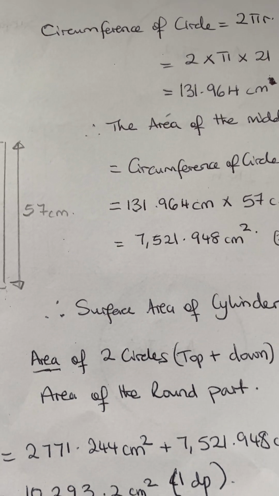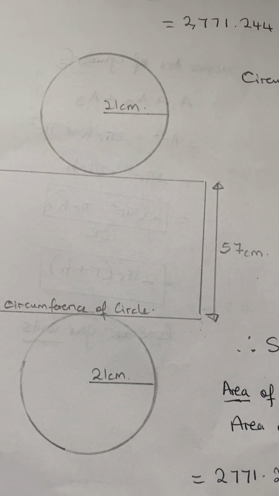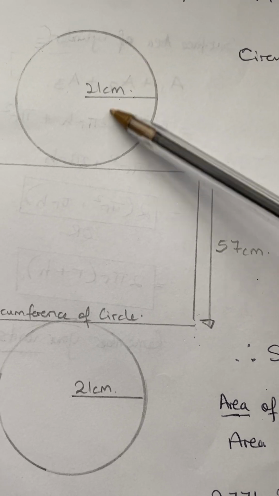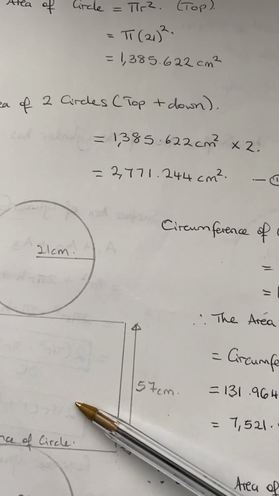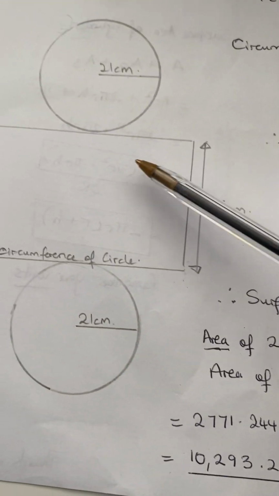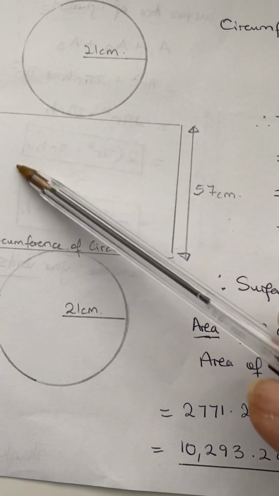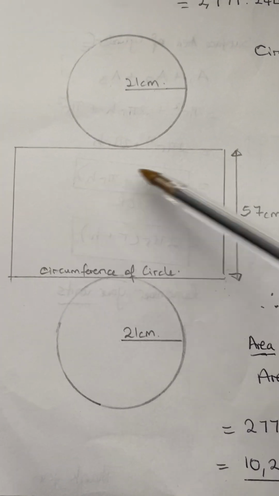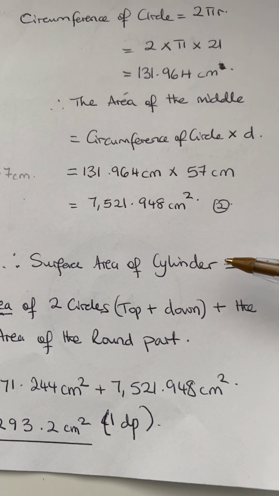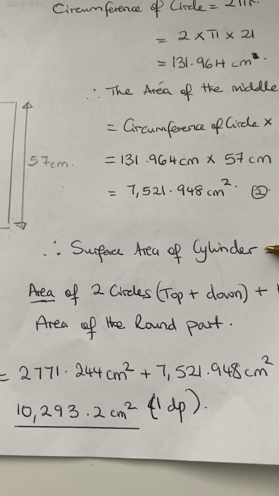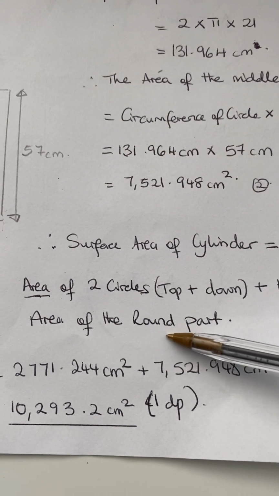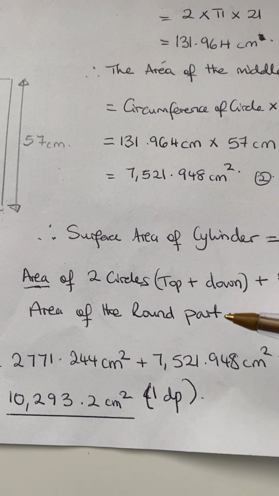Now, what will be the total surface area? The total surface area is the top and the bottom, which we found here, and then this part here, which we split, and we've got a rectangle. So the surface area of the cylinder is the top and the bottom, and the area of the round part.